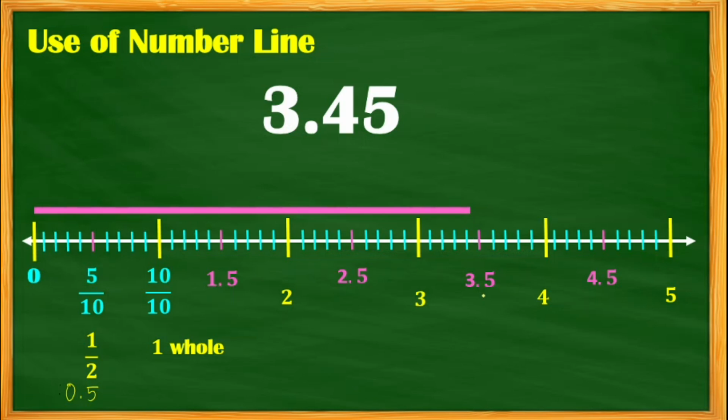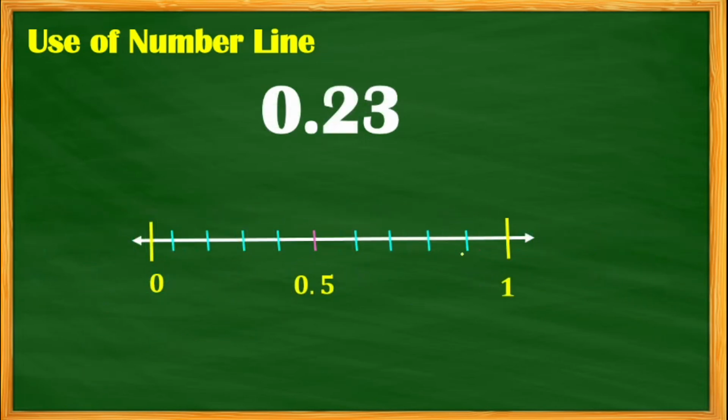So it is between 3 and 3 tenths and 3 and 5 tenths. So this would be approximately that. Okay. Now let's proceed to another example using a number line. Let's visualize 23 hundredths.